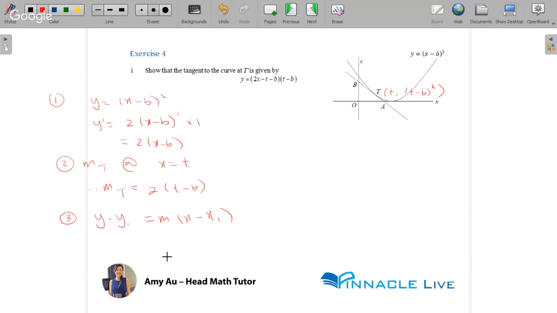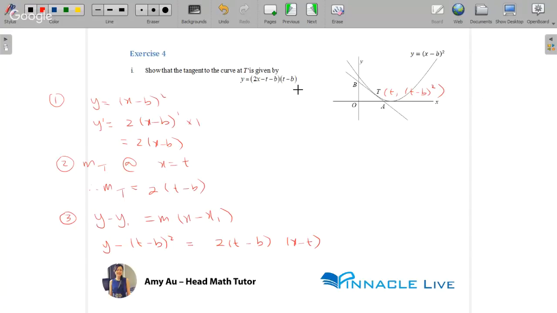Subbing all of that in there, the point is this point, the gradient is that. So y minus. All right, that's a straight sub. Now, carefully check it and see what we are shooting for here. You can see that we're trying to get it to look like this.